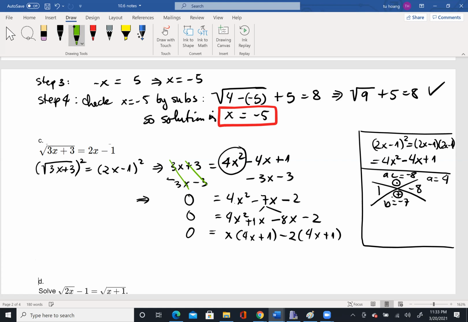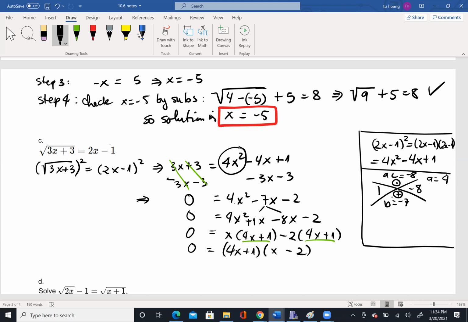So you can see that we now have 4x plus 1 as a greatest common factor between the two terms. So I'm going to factor out 4x plus 1, and then the other factor is going to be x minus 2, right? And then you go to step number 4.